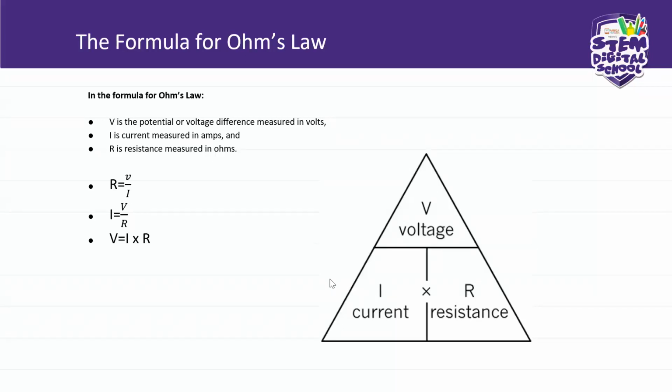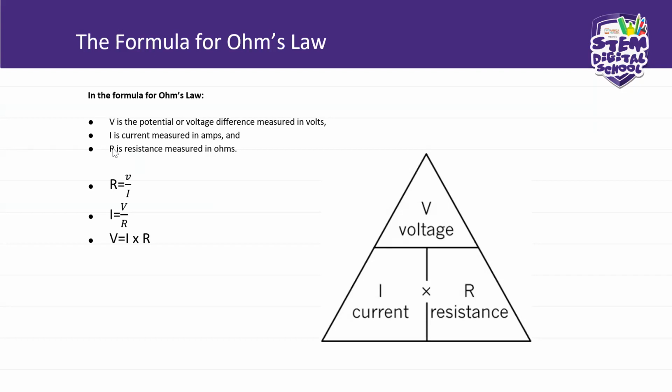And R is resistance measured in ohms. So here you get the symbols for the formula. You know that I in the formula in the calculation will be representing current, and the units for current are amps or amperes.